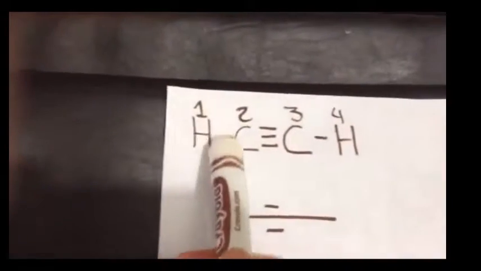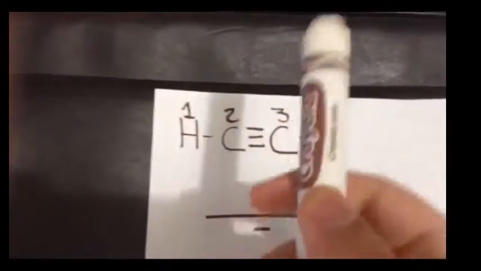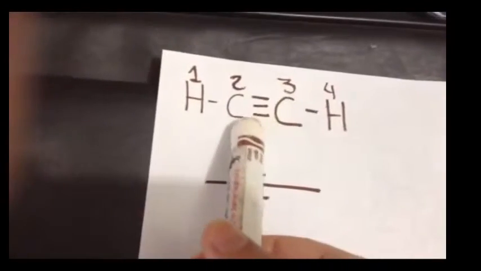And the second step is to number each part. For example, 1, 2, 3, and 4, starting from the side where the triple bond is. In this case, it is 4, so it is the same. So the carbon atom is in the number 2.